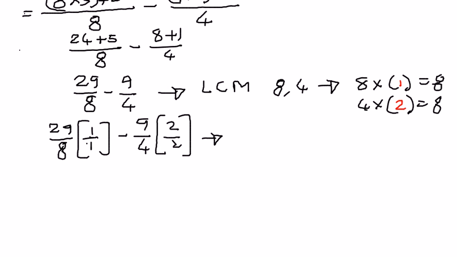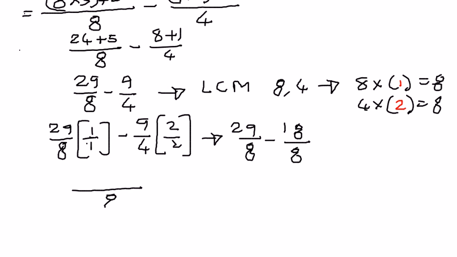So this one, we can write it out as follows. 29 times 1 is 29, 8 times 1 is 8, minus 9 times 2 is 18, divided by 4 times 2 is 8.